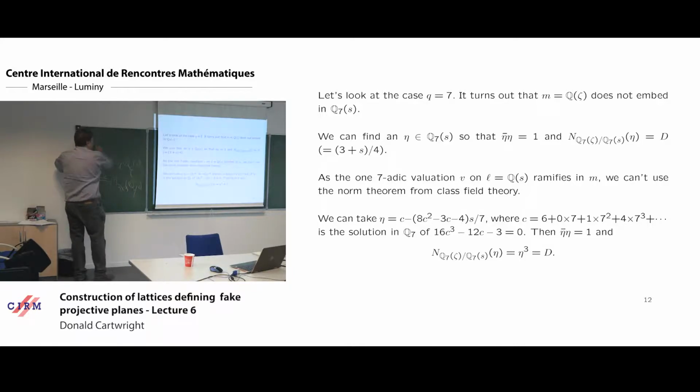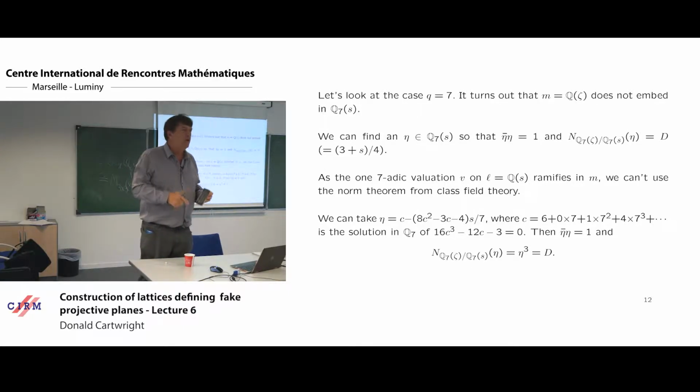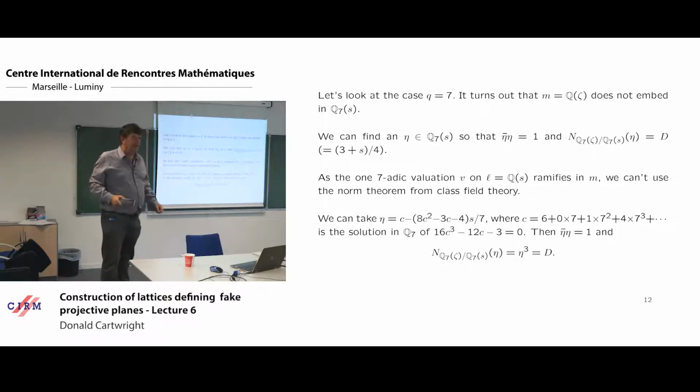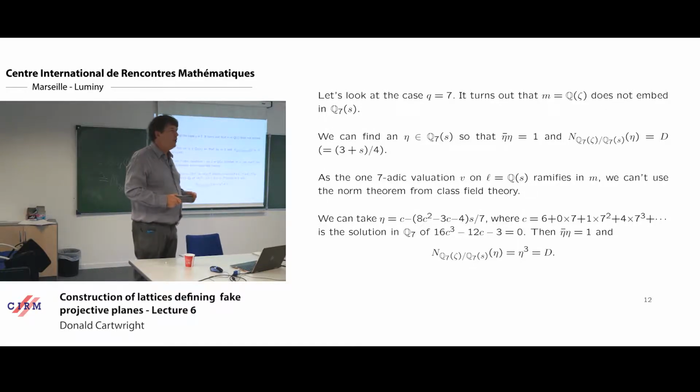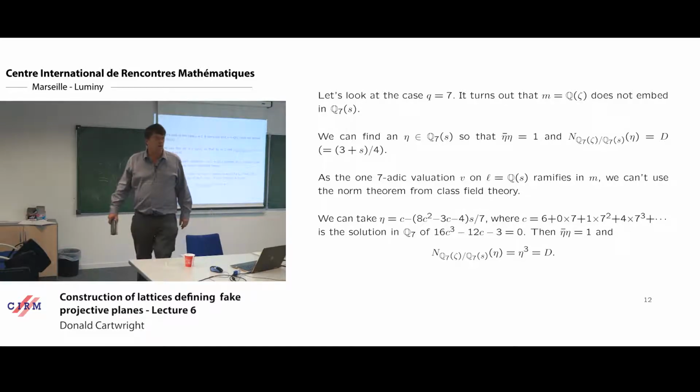This extension here ramifies, and so you can't immediately use that norm theorem. But what we do is just grubby calculations and work out an element whose norm is D. And if you can actually choose an element, not of the bigger field, but of just this, whose cube is D, so you realize D is a cube.